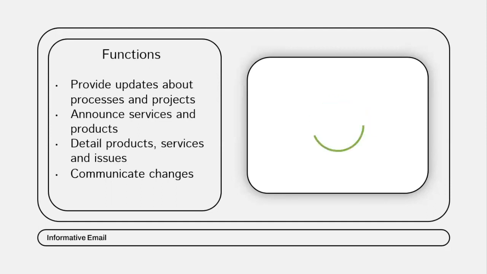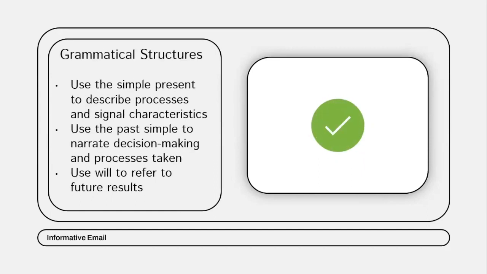With these things in mind, to effectively write an informative email, we need to use grammatical structures appropriately. There are three grammatical structures that are typical in informative emails. First, the simple present, because it is the grammar that explains processes and describes characteristics.